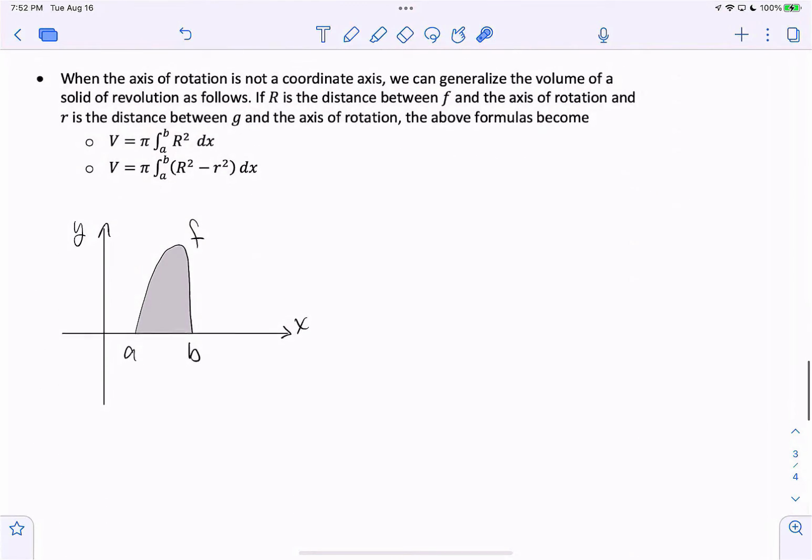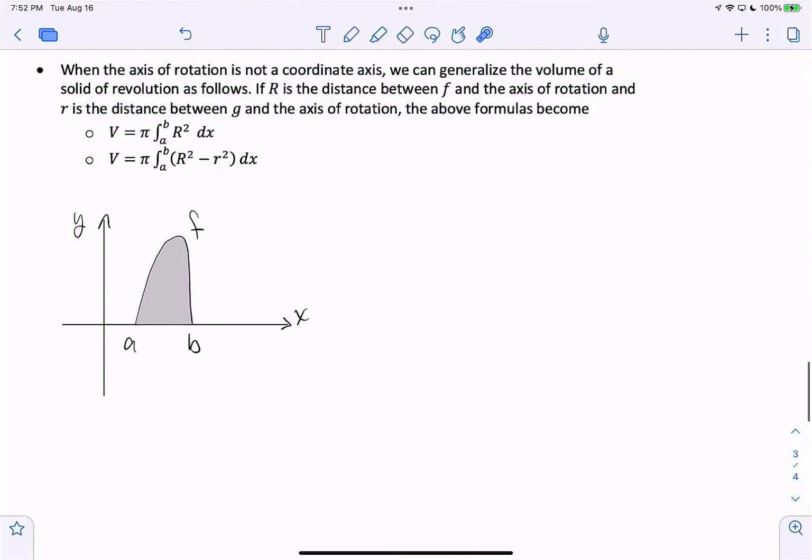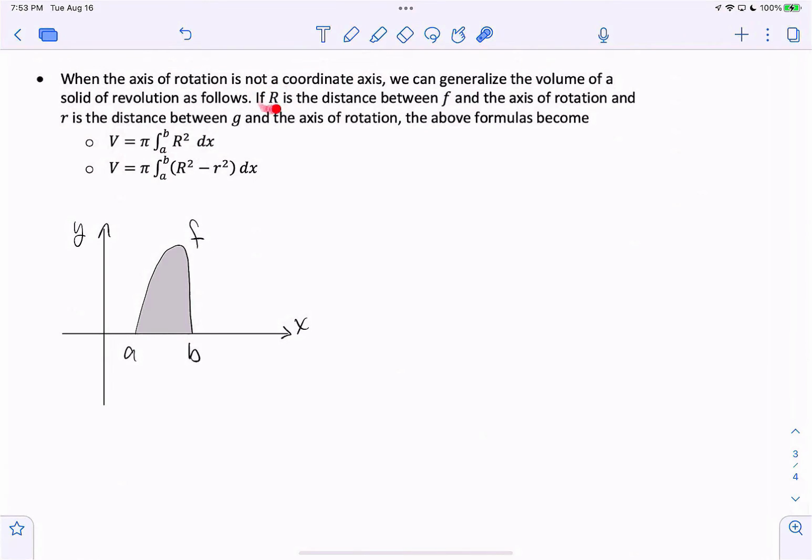But for what I'm about to do, let's just focus on the first formula here, because if you have an understanding of how to set up big R, then you will easily translate that into finding little r. So suppose we have here a region defined by a function f. When we rotate about the x-axis, then f is equal to r, no big deal.